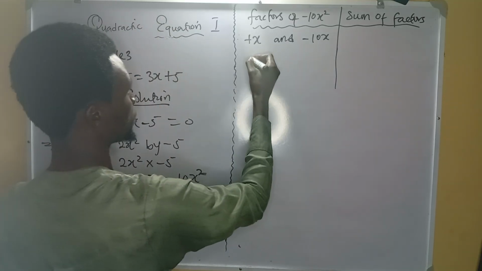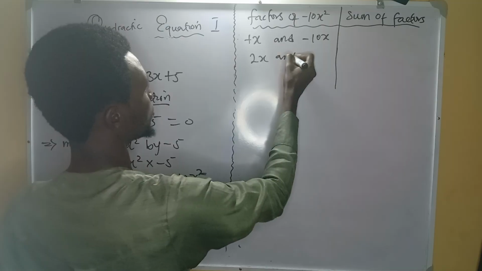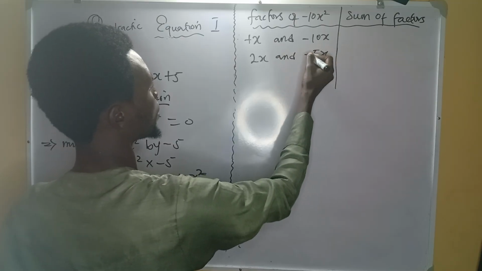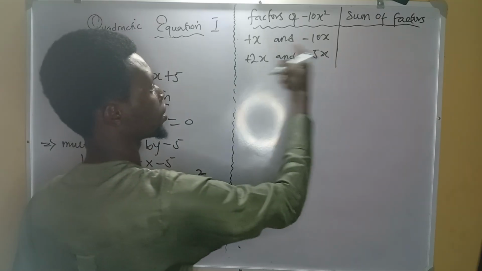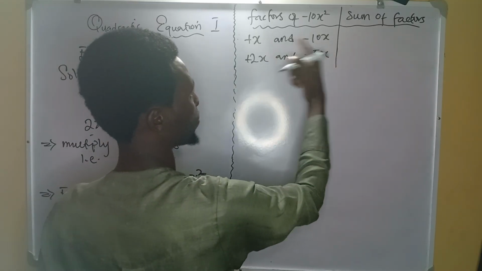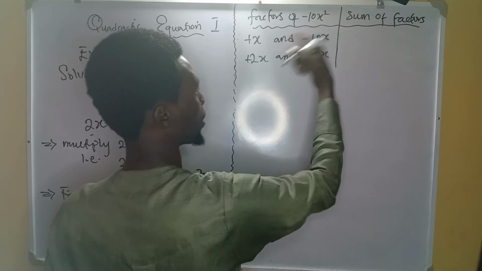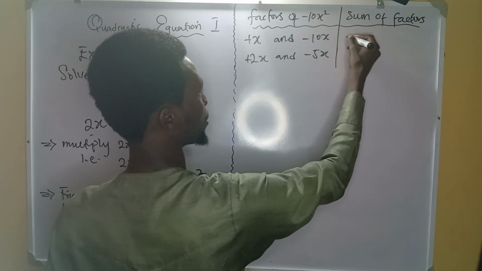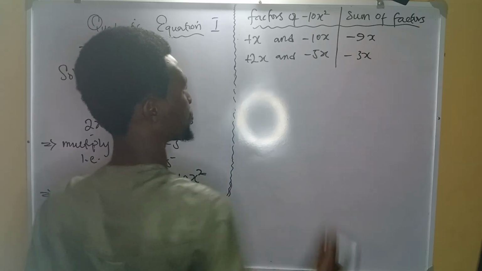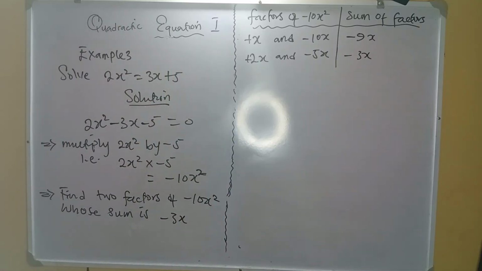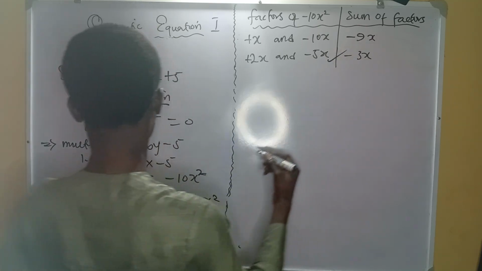And we also have 2 and 5x. The bigger will be negative. So let's see what we have here. 1x minus 10x gives you minus 9, and this gives you minus 3. Right, so we have gotten what we are looking for, the two factors.